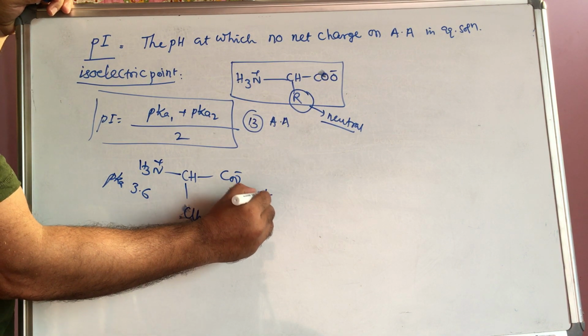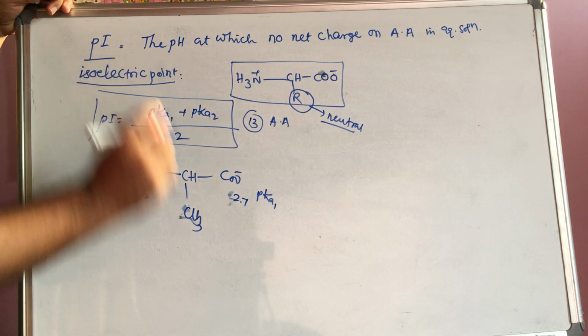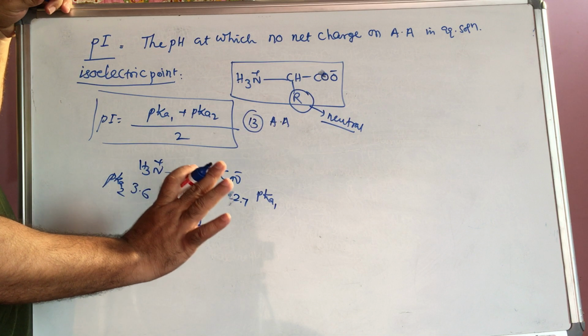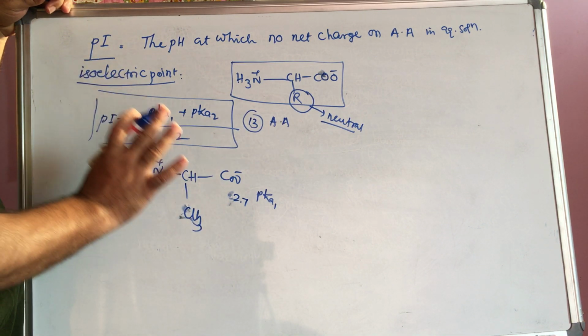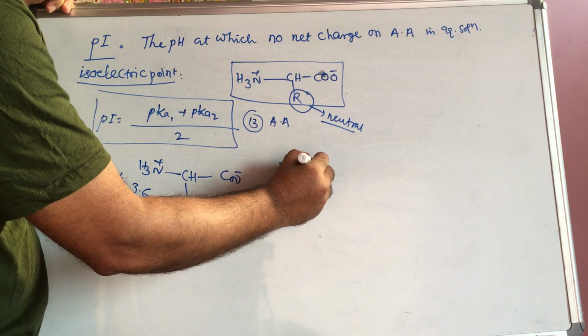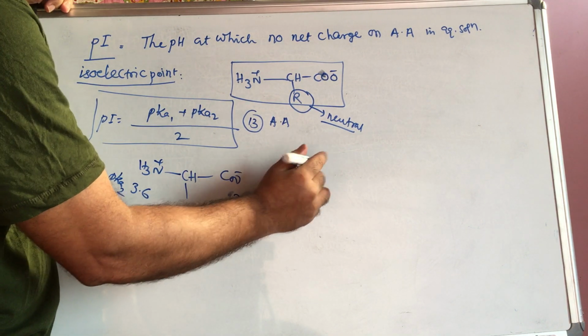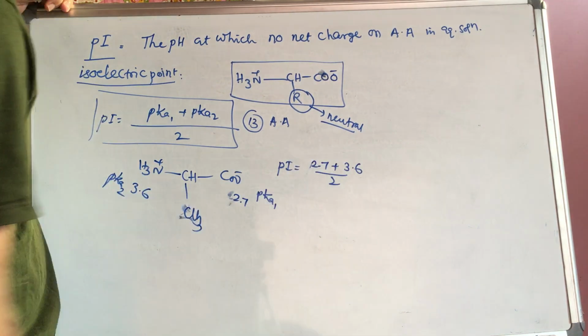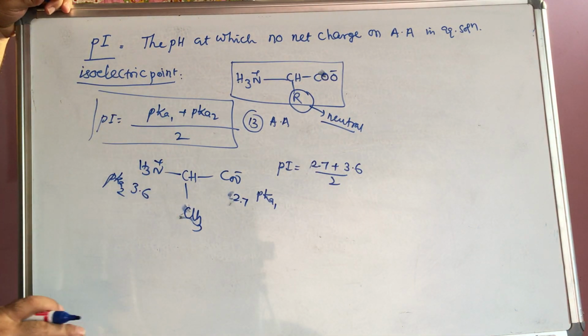This is pK1 and this is pK2. Then what is the isoelectric point? These are not the exact values according to the textbook, I just gave them for understanding purposes only. That's why pI is equal to 2.7 plus 3.6 divided by 2. Calculate and get the answer. Like this we calculate the isoelectric point.